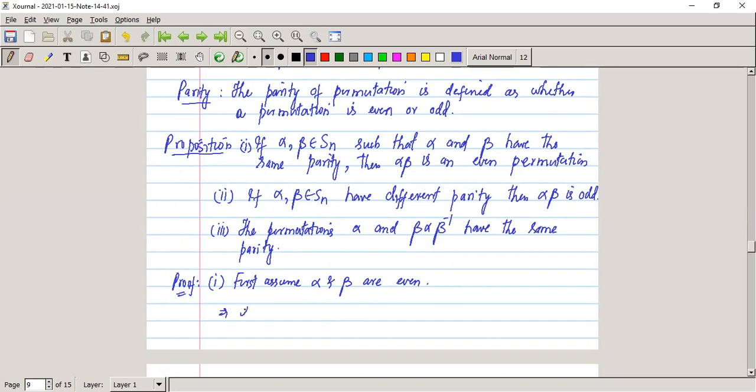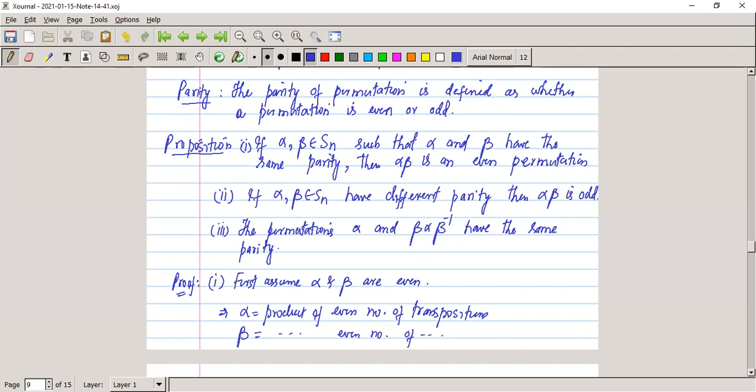So alpha is equal to, suppose, a product of an even number of transpositions, and similarly beta is equal to a product of an even number of transpositions.